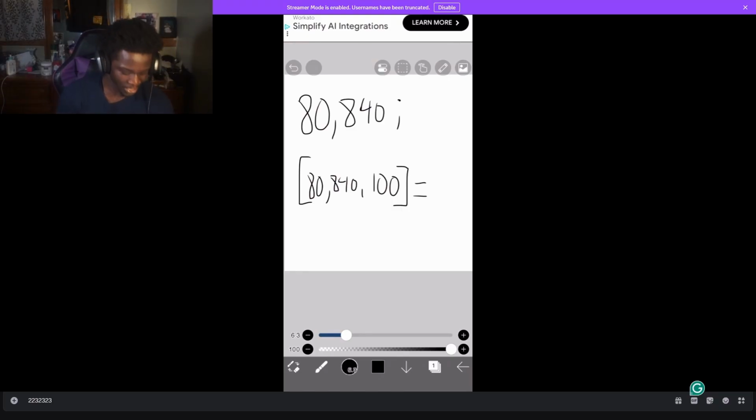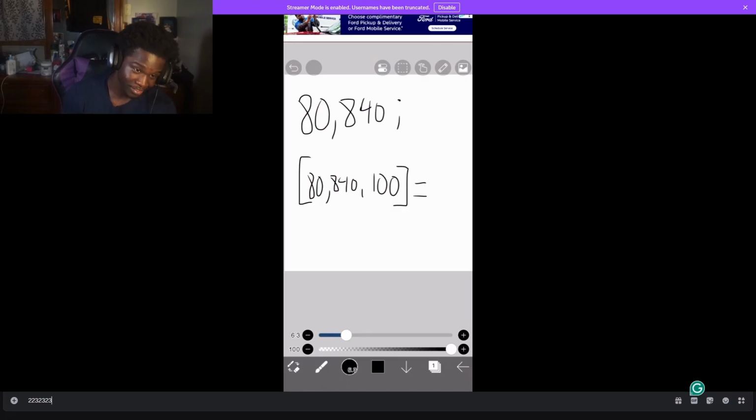I'm looking at it here, the exclamation points don't come up here. Am I tripping? 80,840 divided by 100. You sound country as hell.